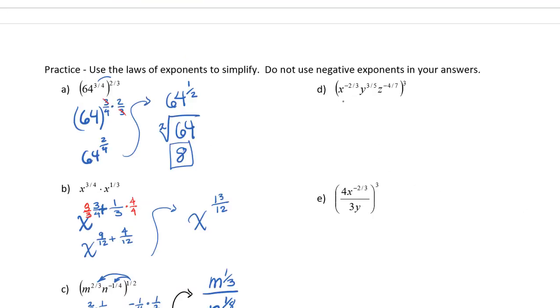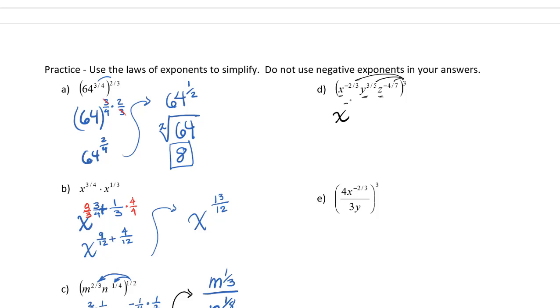This next expression has three bases, all of which do not match each other, and it is all raised to the 3rd power. We can think of 3 as being 3/1 if it helps us with dealing with fractions. We can distribute that 3 to each factor inside parentheses.